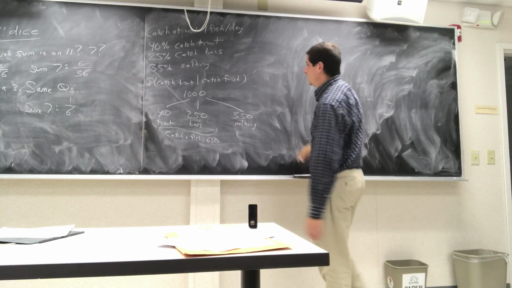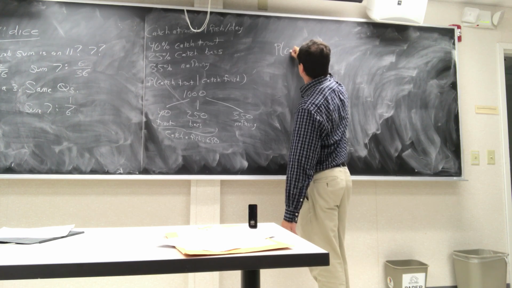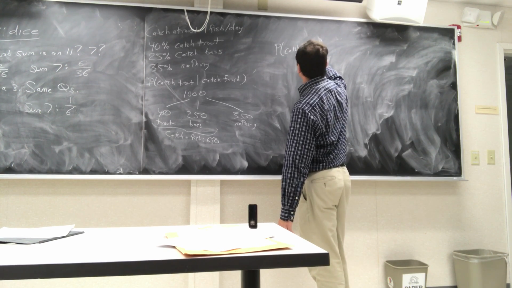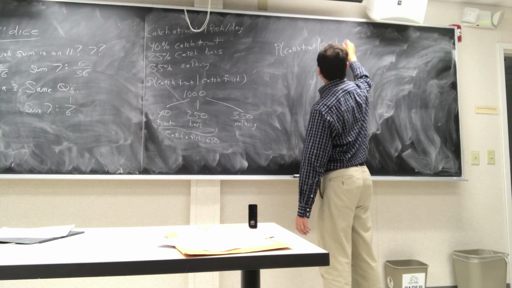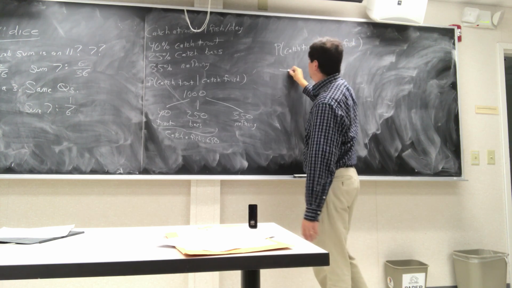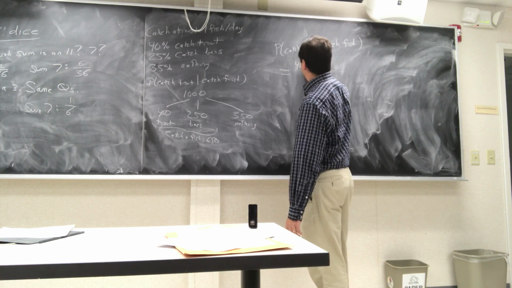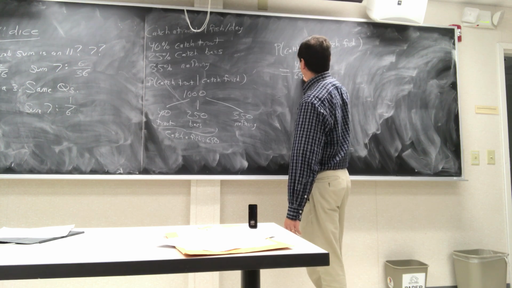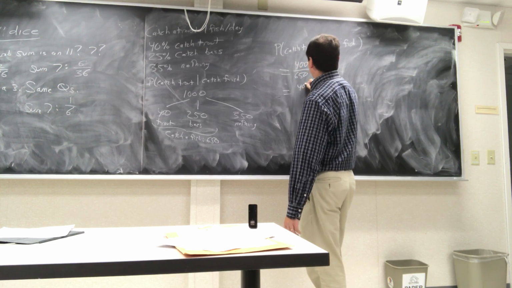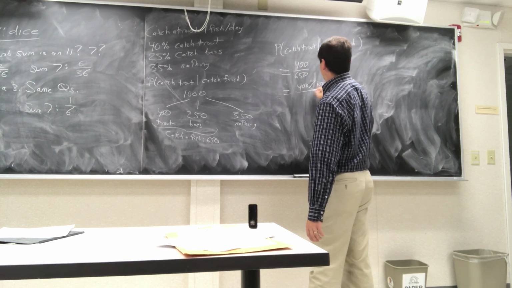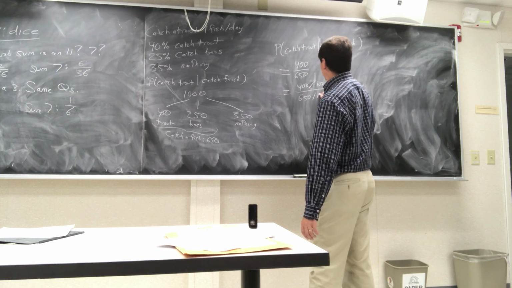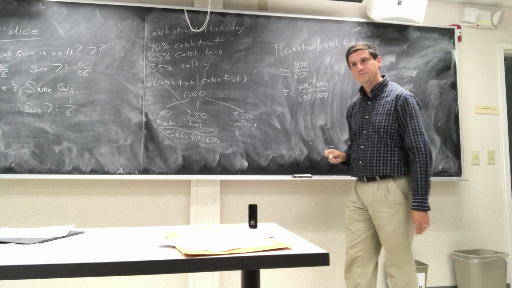So for this one, probability catch trout given we catch a fish, this is going to be 400 over 650. I can write that as 400 over 1,000 divided by 650 over 1,000.